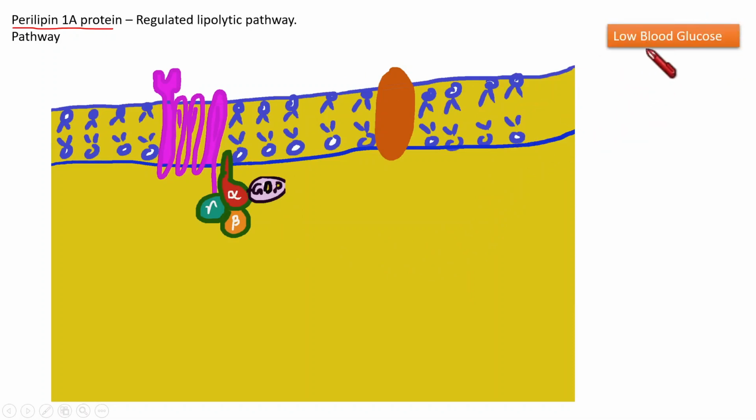Whenever the glucose level in the blood is lowered, epinephrine is produced from the adrenal gland, and that epinephrine hormone goes and binds with a receptor. What is the name of this receptor? It is a G protein coupled receptor. We can see the G protein here.